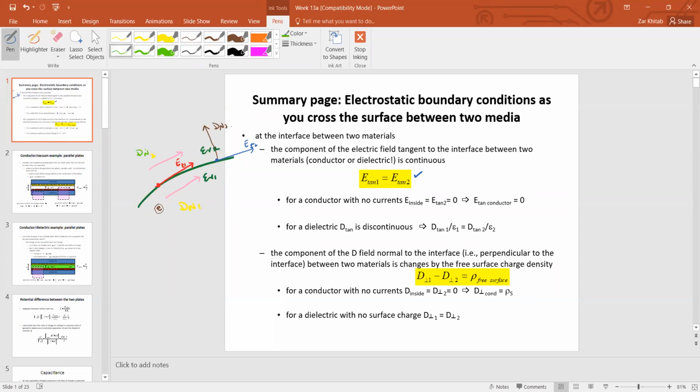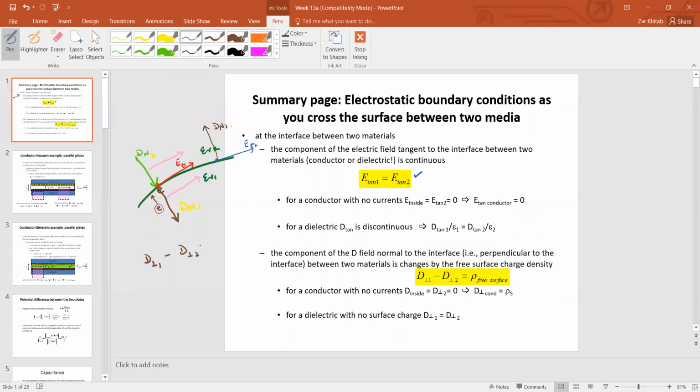Let me change the direction of the electric field. Let's say the electric field is coming from here and entering this medium, right? So this electron will move to the surface. So the normal component will only bring free charges to the surface if there are free charges. If there are no free charges, then D normal 1 will be equal to D normal 2.